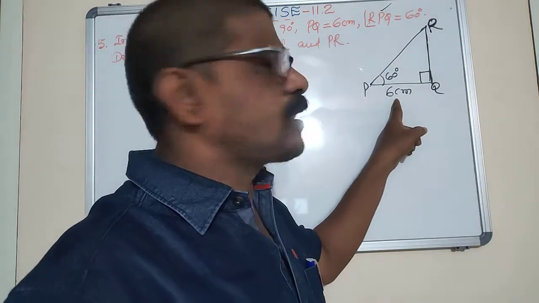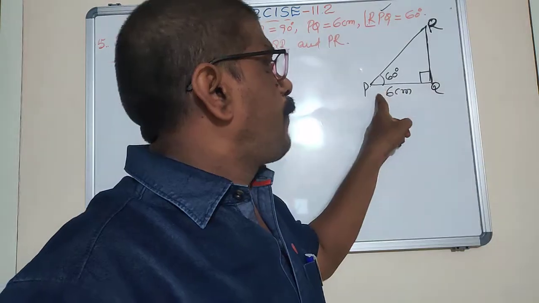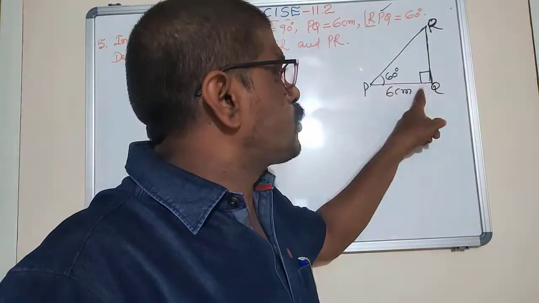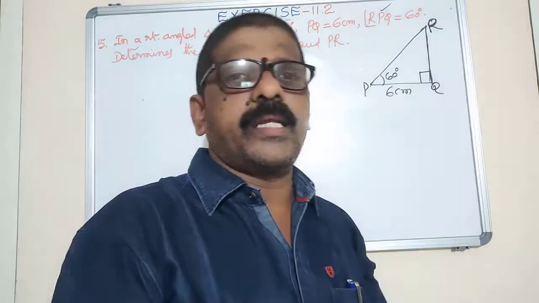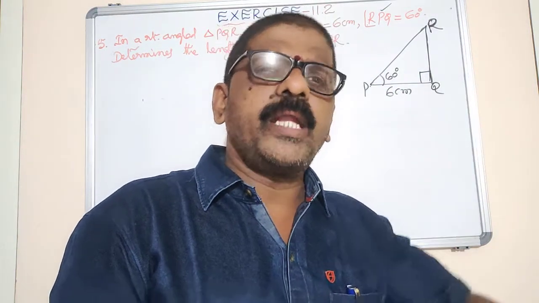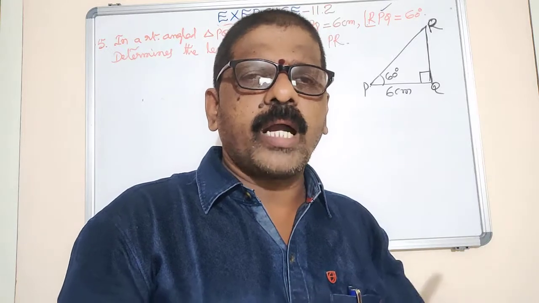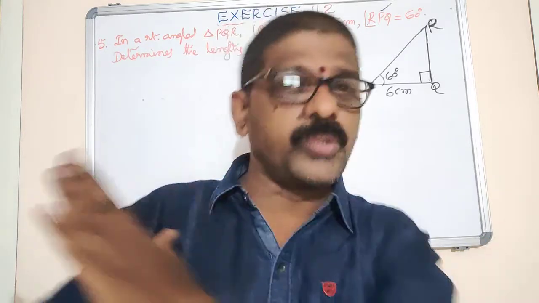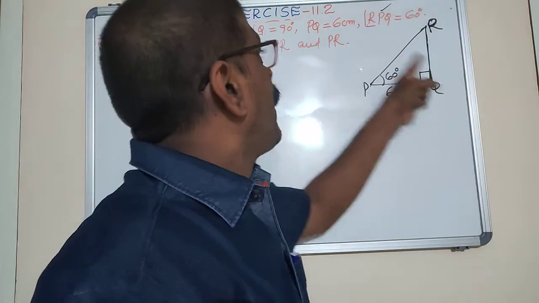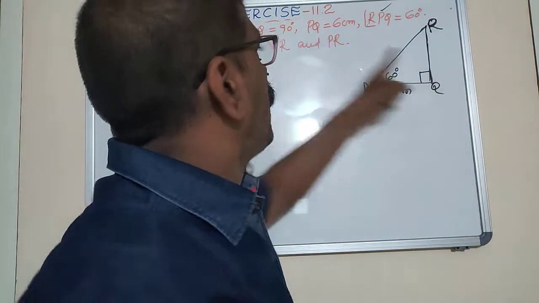Because PQ is given, that means the side adjacent to angle P is given. Now we can take any trigonometric ratio according to the adjacent side to the acute angle. Clear? So now we have to find QR.